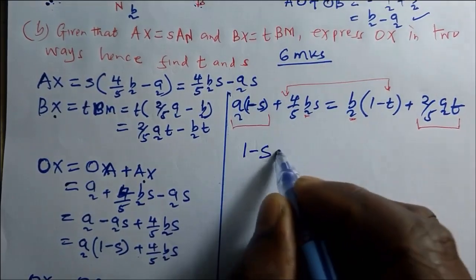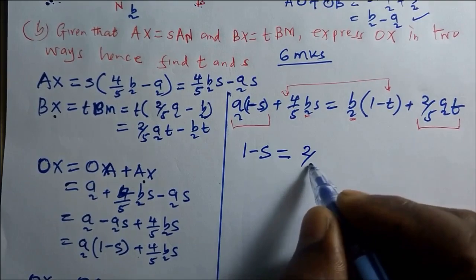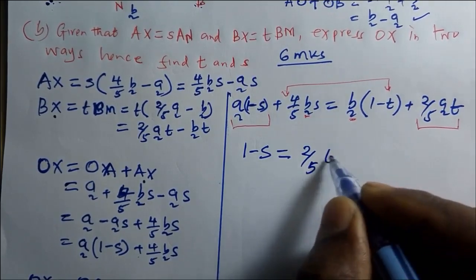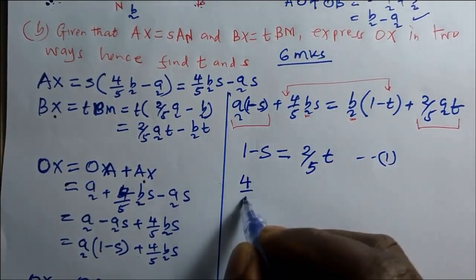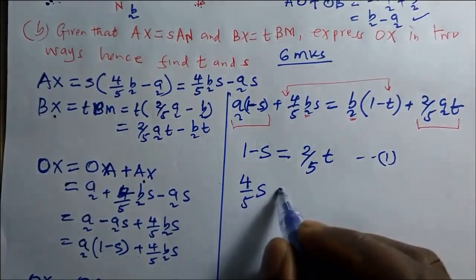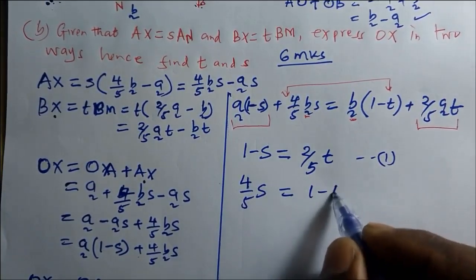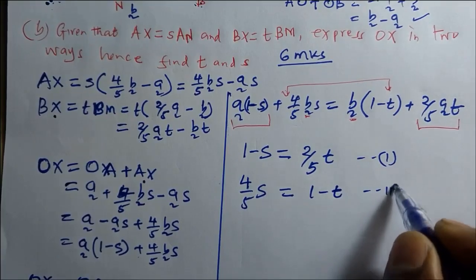So 1 minus S is equal to 2 over 5T. That is our equation 1. And 4 over 5S, you know B, is equal to 1 minus T. That is our equation 2.